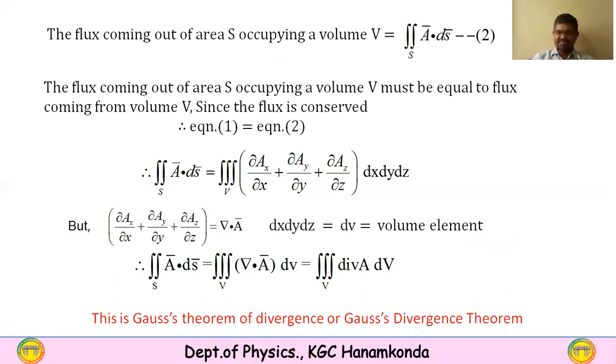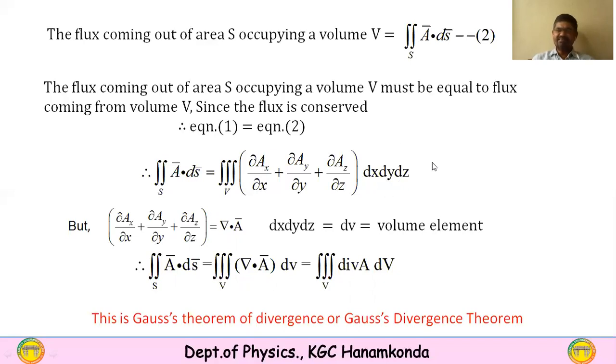Therefore, equation 1 equals equation 2. So, equating equation 1 and equation 2, we get the double integral over surface S of A dot dS equals the volume integral of (∂Ax/∂x plus ∂Ay/∂y plus ∂Az/∂z) into dx dy dz.